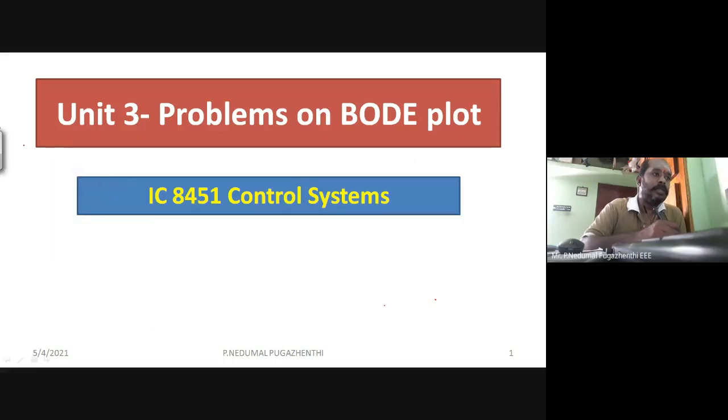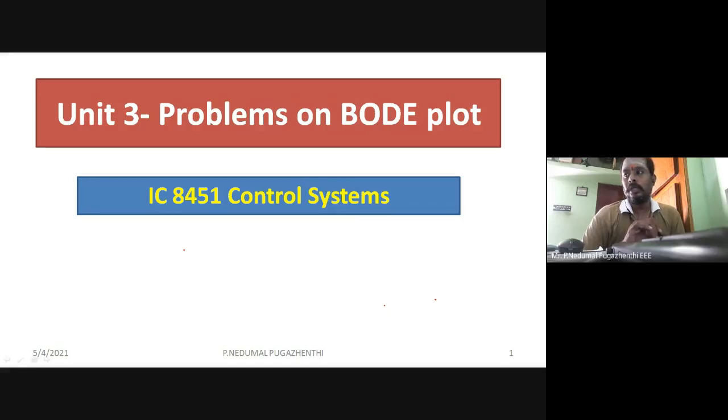In the previous class, we have been discussing the introduction to Bode plot, and for a given transfer function, how to identify different factors available in the given transfer function, and for each factor, how to identify slope, the magnitude equation, phase equation, and the steps involved in drawing a magnitude plot and your phase plot.